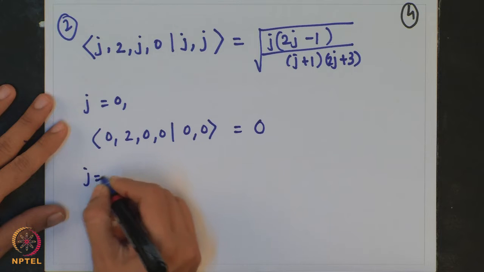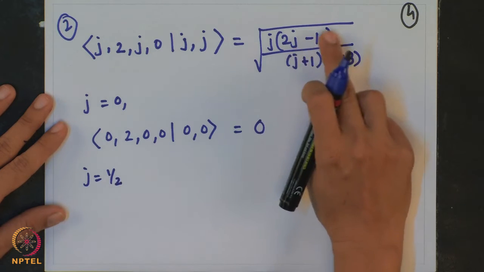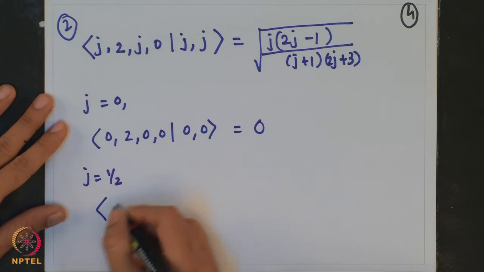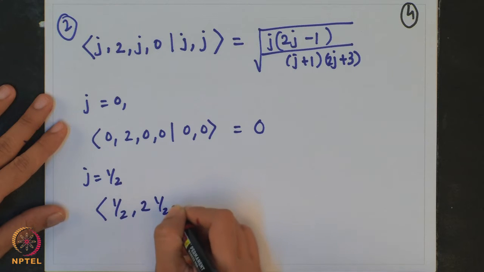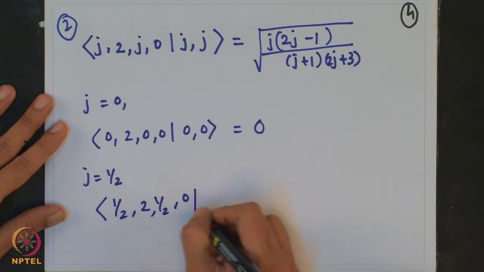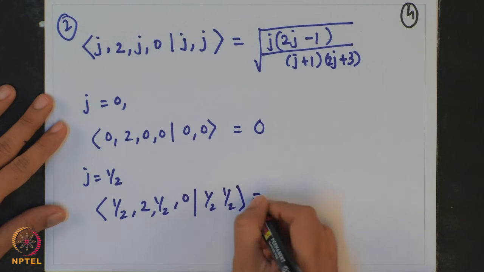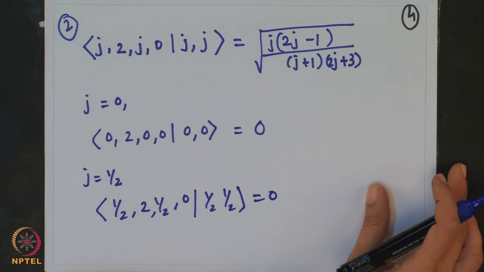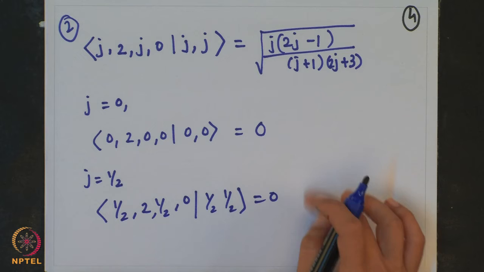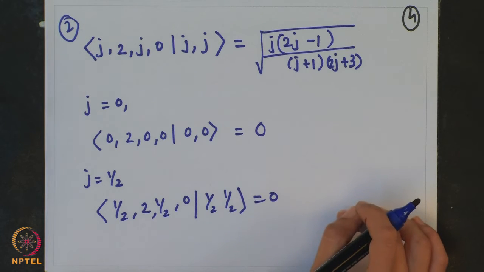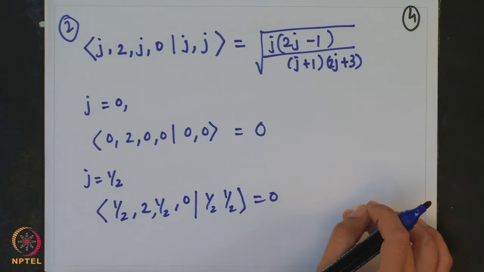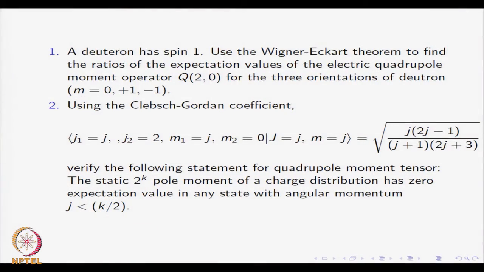And when j is equal to half, this term will be 0. That is to say that half, 2, half and 0 is 0. So, by inspection you can see that these terms are 0, and in the question you are asked to verify the statement that the 2 raised to k pole moment of the static charge distribution is 0 in a state with angular momentum.